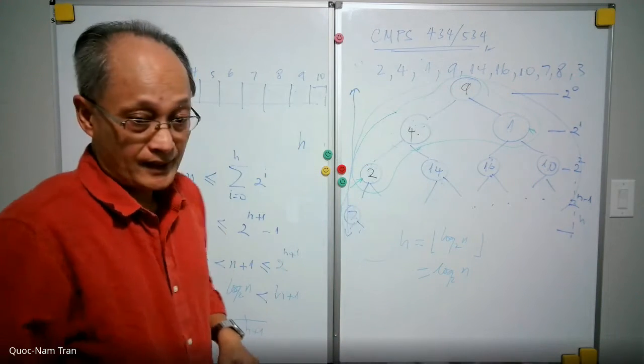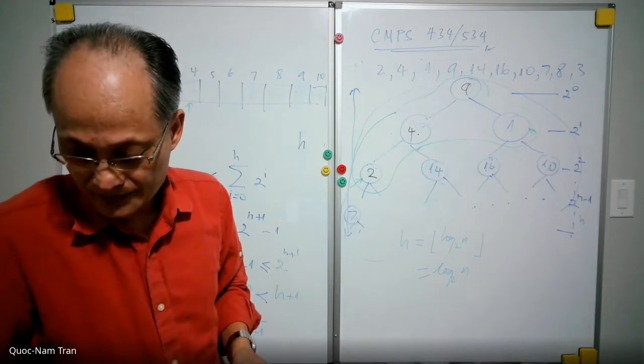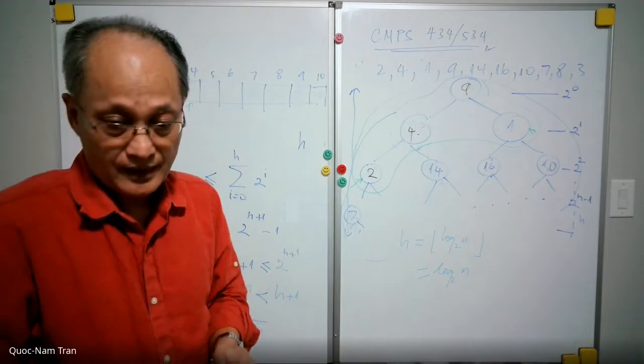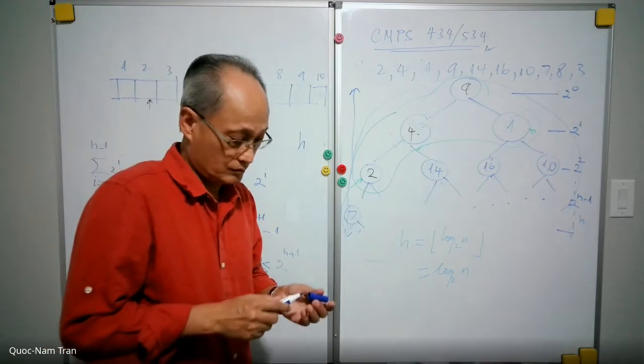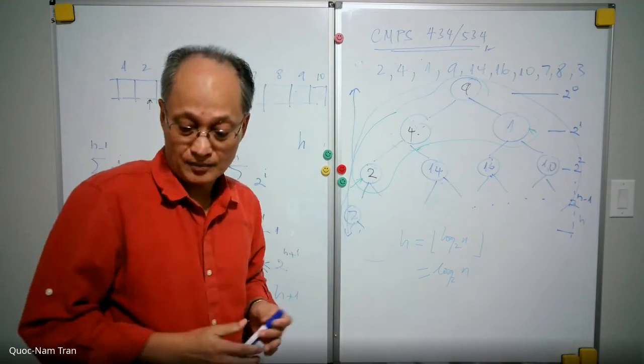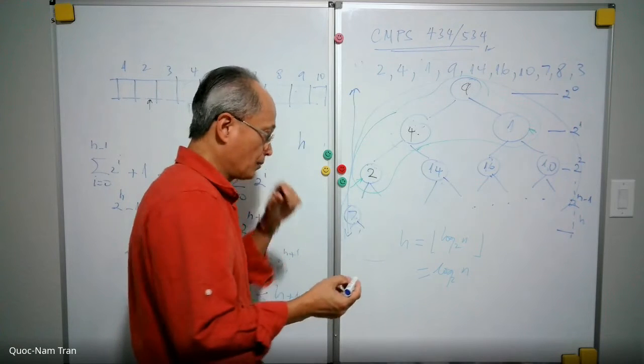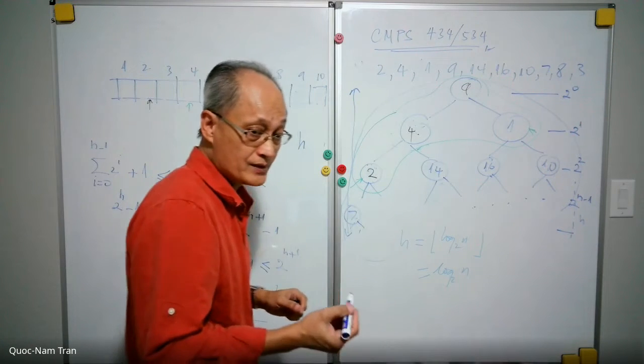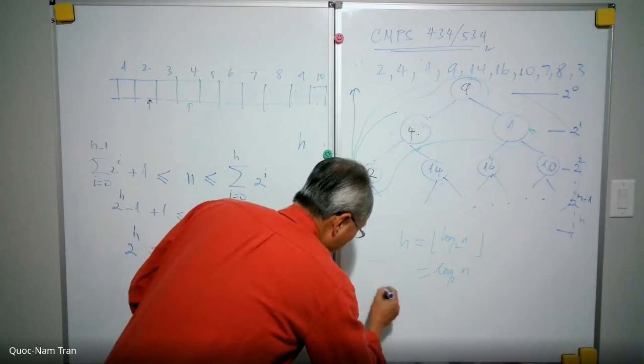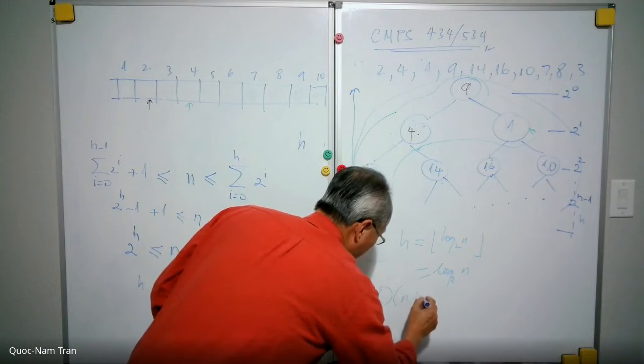Now, the reheap up algorithm I just showed you and asked you to analyze the complexity of. What I can tell you right away is that the complexity of the build algorithm is big O of n log n.